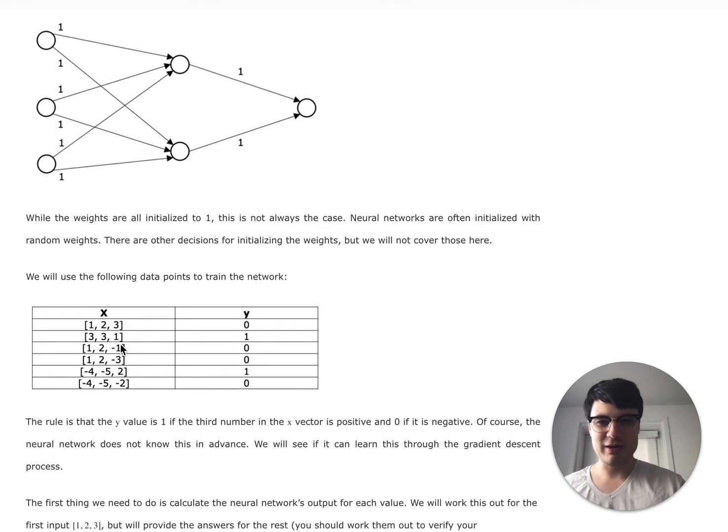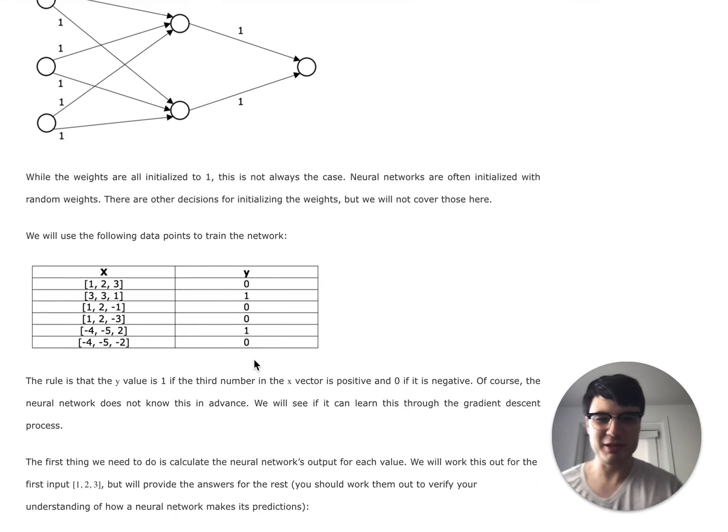But I see we have negative numbers in this third value, so probably not salary, unless they're in debt, in which case it makes sense. Anyways, I digress. So that is the input, these 3-dimensional points, and the output in the training data is binary. It's either 0 or 1. So let's say we're trying to predict whether their lease application is going to be approved or something like that.